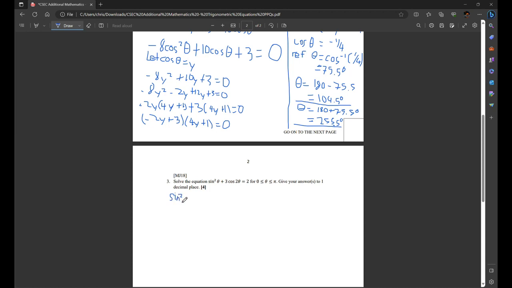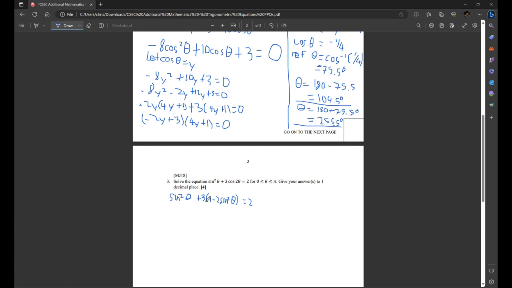That's going to be sine squared theta plus 3 times 1 minus 2 sine squared theta is equal to 2. So now we only have one variable, so the rest is just some algebra.